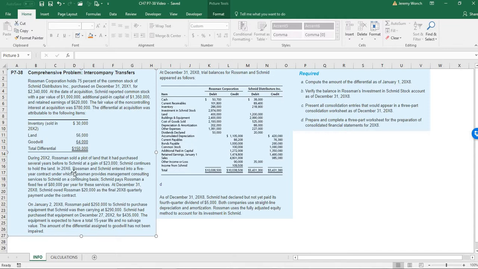So we also have where the parent sold a plot of land to the subsidiary, so we had an intercompany gain, and so there's going to be consulting services going back and forth for $80,000.